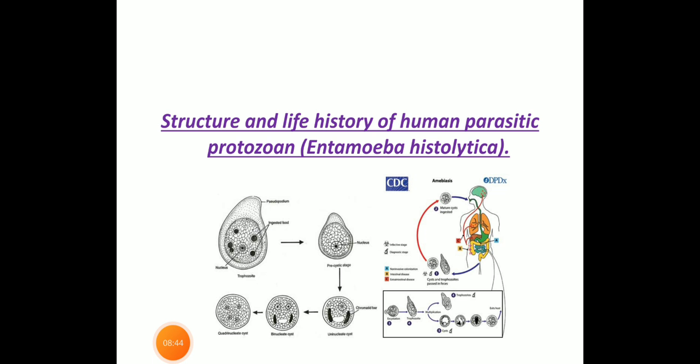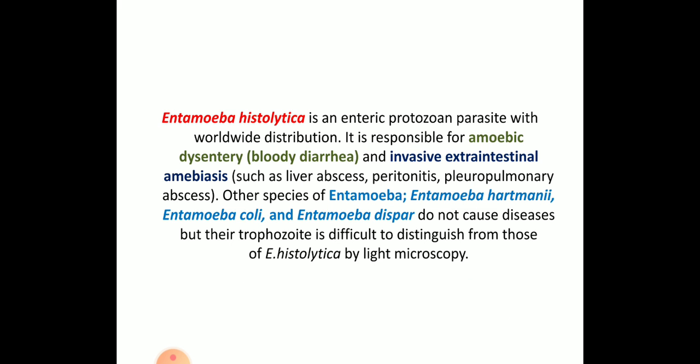Next, coming to the structure and life history of the human parasite, that is Entamoeba histolytica. You are familiar with E. coli. E. coli also belongs to the same family, but this Entamoeba histolytica causes dysentery in humans.